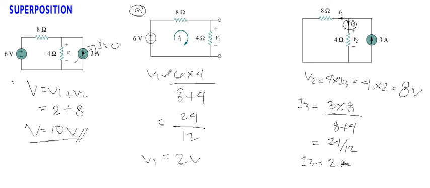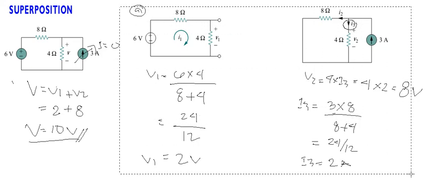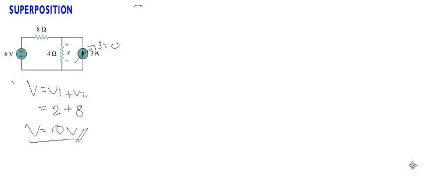And to prove that it's true, let's solve it by nodal analysis. By nodal analysis, we name this one the ground, and we name this V. Now, at node V, we will solve this one by normal solving of the circuitry.